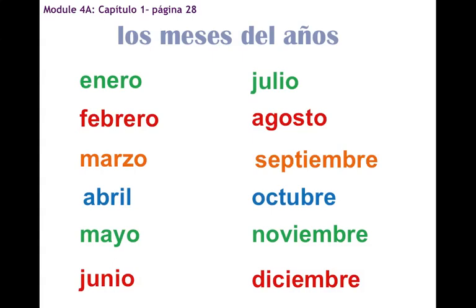What else do you notice? There are a couple that have the endings iembre, septiembre, noviembre, diciembre. Do you notice that the first letters of the months are not capitalized? And that is the case with days of the week as well. So it's just important to memorize them.